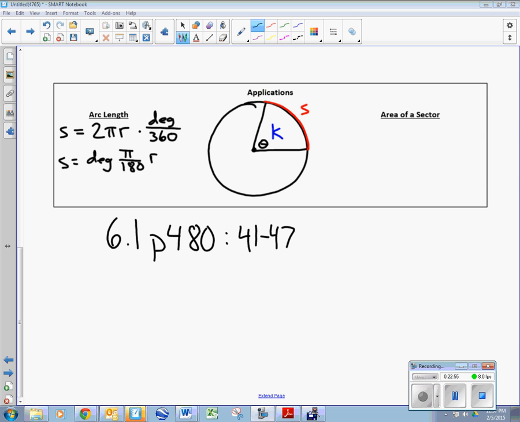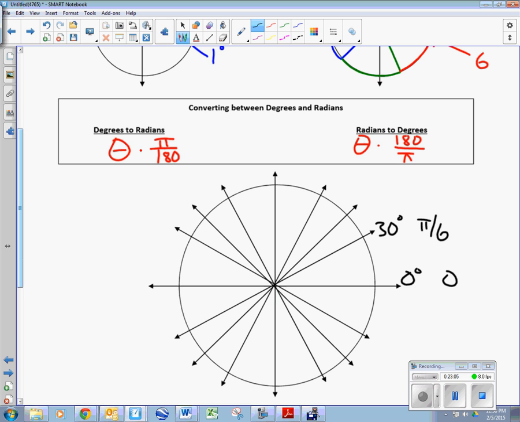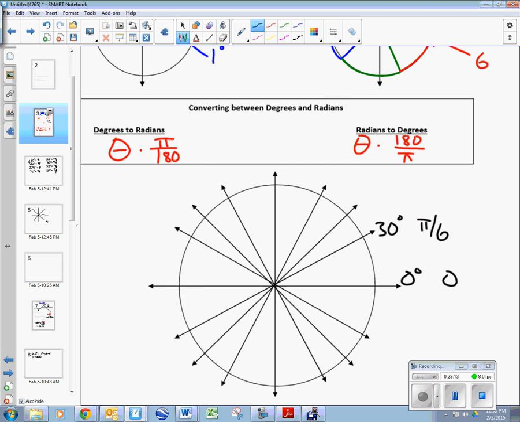That's how you convert. Degrees times pi divided by 180. Didn't we just do that? If you take the degree measure and multiply by pi over 180, what do you get? You get a radian. So look at my formula now.